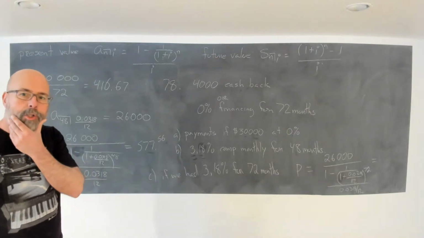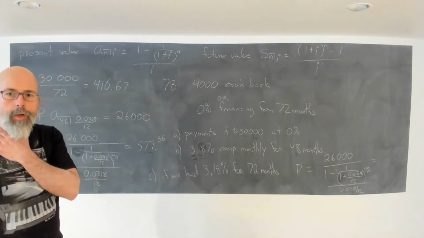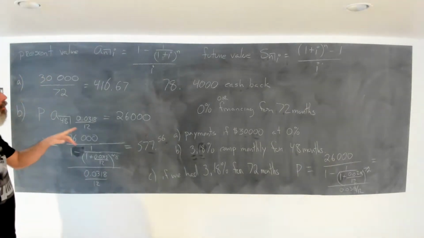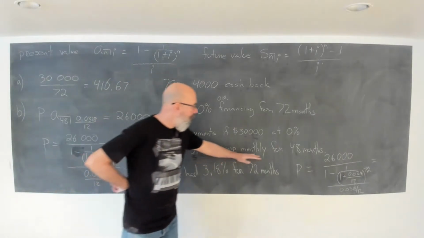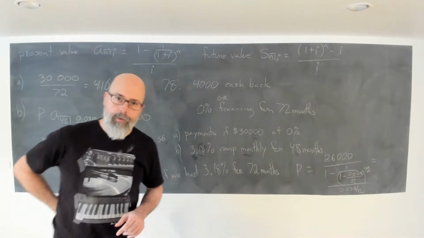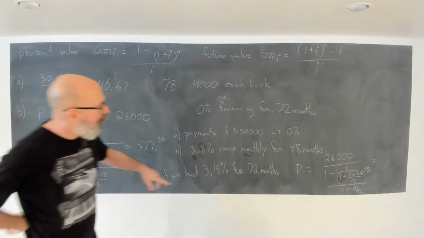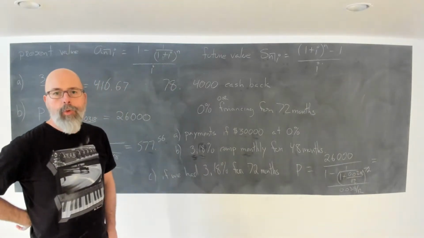In the earlier question, when we changed the interest rate, why didn't we change it in this question? In this question, we had the 3.18% compounded monthly. It was already exactly what we wanted. In the previous question, it wasn't compounded monthly. It was compounded annually.